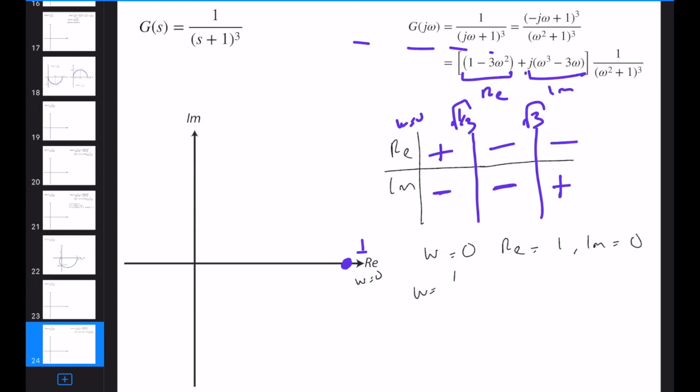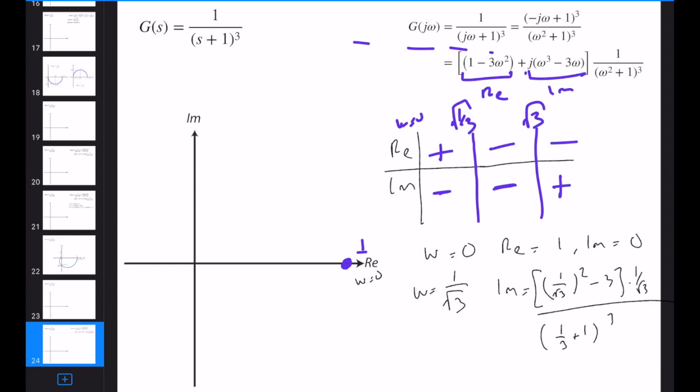Omega is equal to 1 over square root of 3, and we know that the real part is changing its direction, so it is on the imaginary axis. What happens to the imaginary part is omega cubed minus 3 omega, so (1 over square root of 3) cubed minus 3 times 1 over square root of 3, divided by (1 over 3 plus 1) cubed.